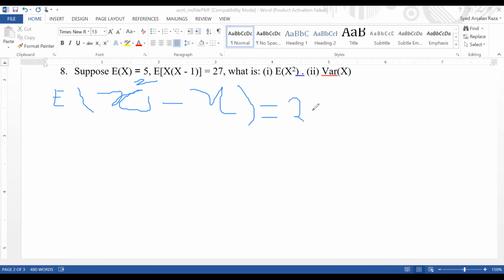According to the properties of expectation, expectation can be taken inside. So this is equal to expectation of X square minus expectation of X, which is equal to 27.